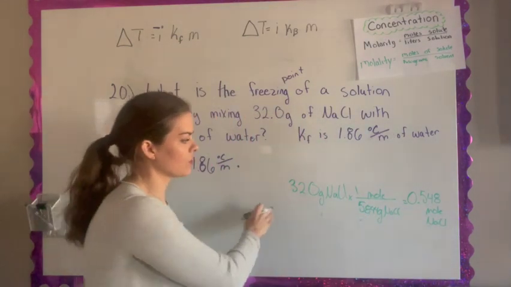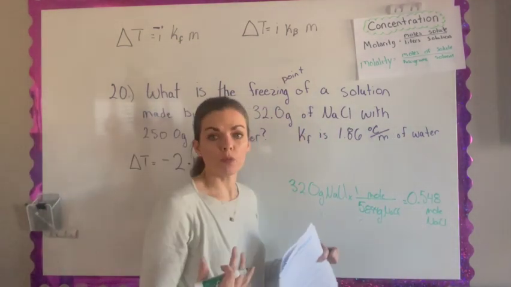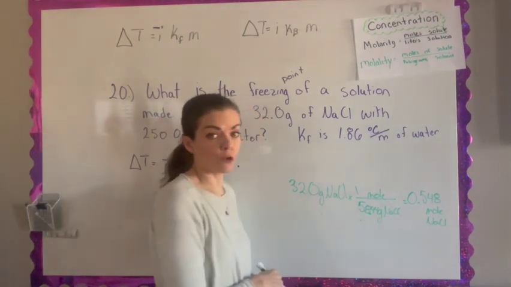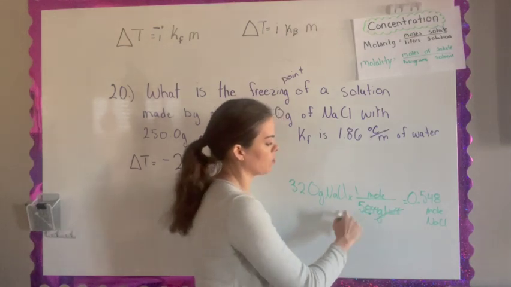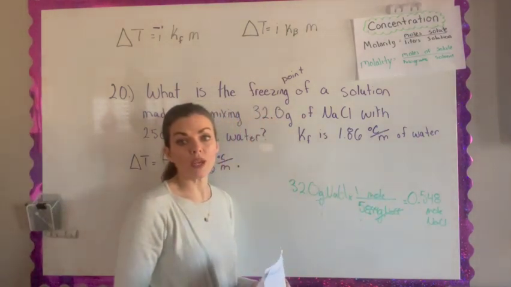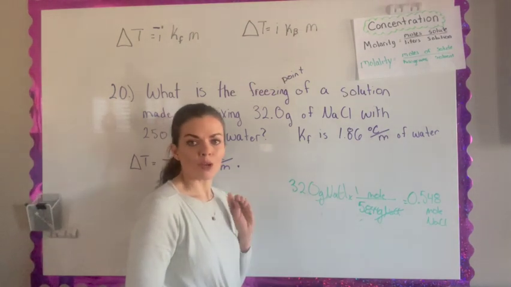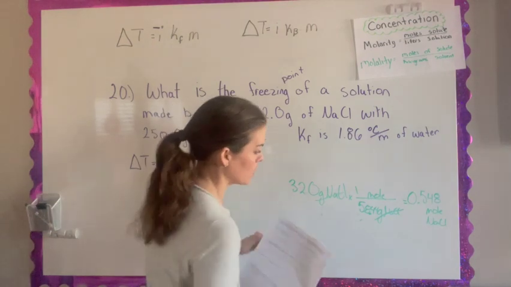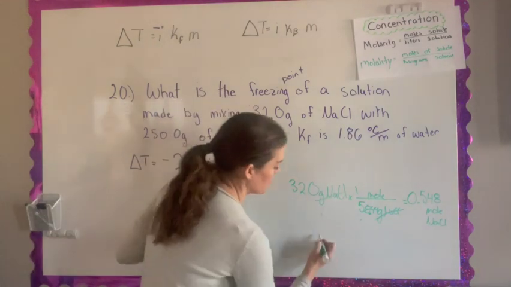So when I take my 32 grams of NaCl, I divide it by my molar mass from the periodic table, which is 58.44 grams per mole, and the grams cancel out, and I'm left with 0.548 moles. I know I'm going through that step really fast, but we have done that step so many times. So I'm trying to figure out the molality.